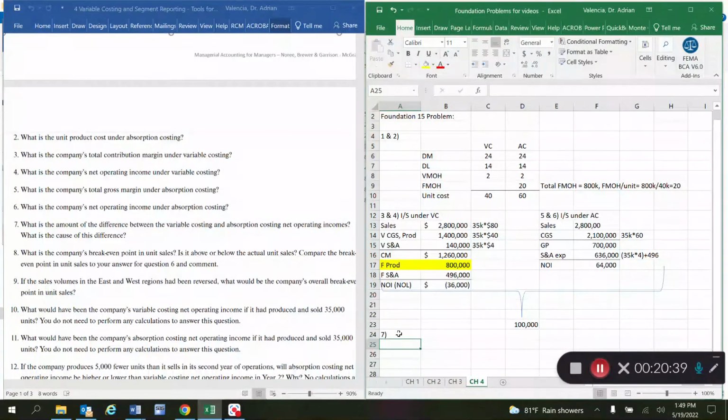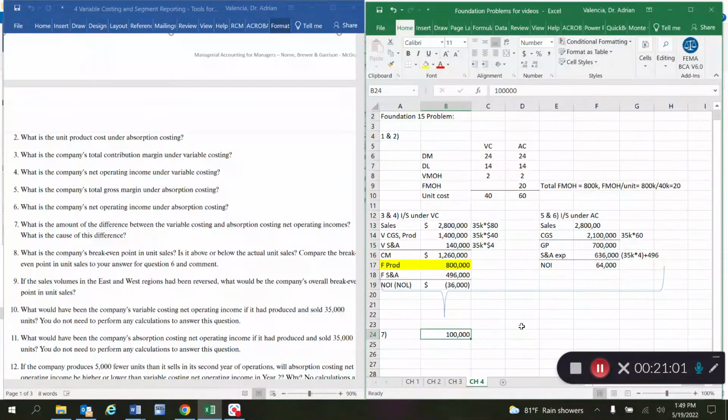Okay. So under number 7, let's say what is the amount of the difference between variable costing and absorption costing net operating incomes? And we just addressed that actually. So that's the $100,000 that we mentioned here. So maybe I should just move this to the side here, and then that way we answer the question.